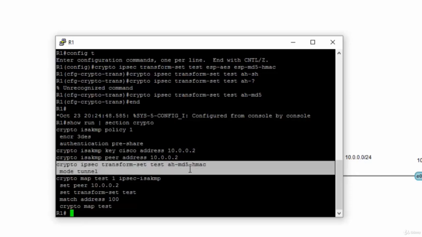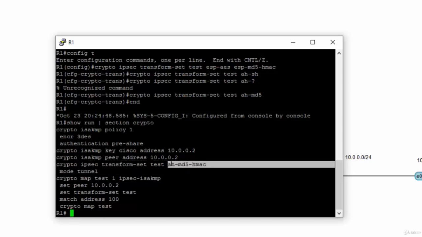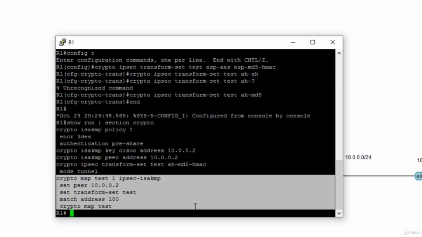The transform set is the configuration of phase 2. It uses AH with MD5. The crypto map is the security policy database. It specifies that if traffic matches access list 100, it should be sent to peer 10.0.0.2.